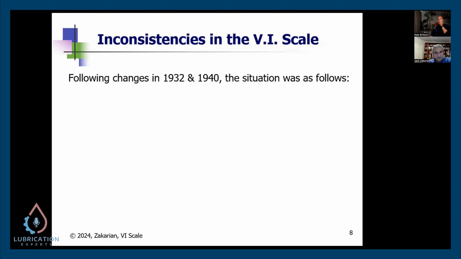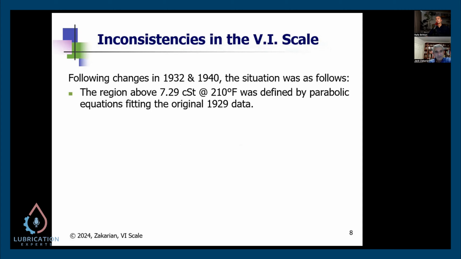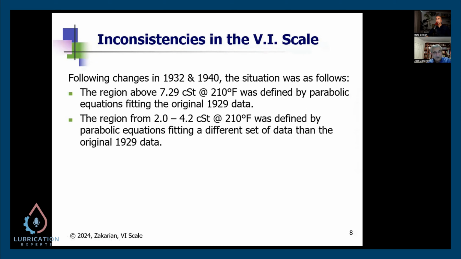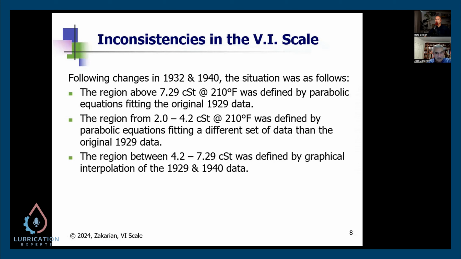So now after those changes, 1932 and 1940, you had the following situation. There was a region which is essentially higher vis, above 7.3, and that was defined by a parabolic equation that fit the original data. The region in the low vis area was defined by a different parabolic equation.